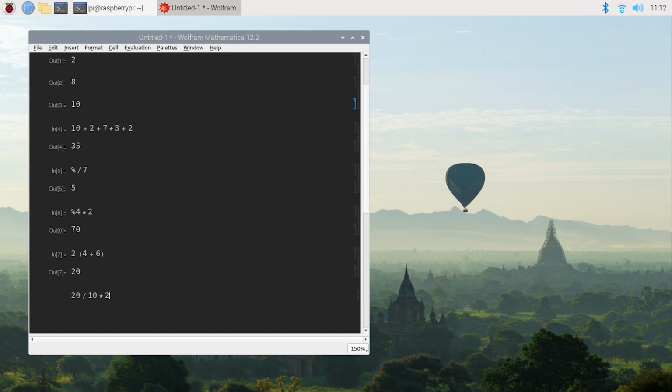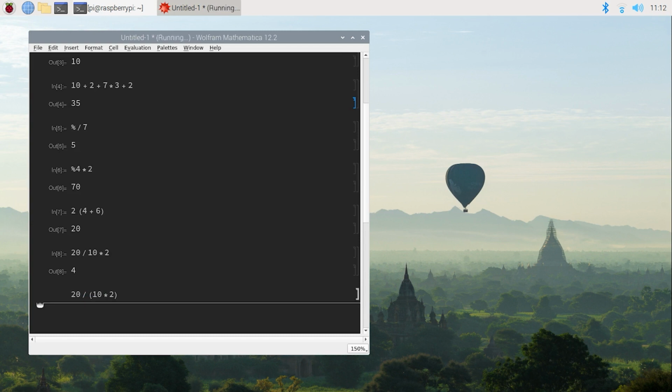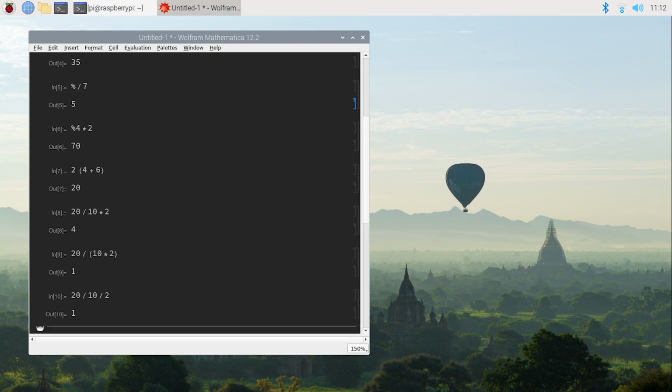What actually happens is 20 divided by 10 is 2, and then it multiplies that 2 by 2 to get 4. If we actually want 20 divided by 10 times 2, we can use brackets like this, and this should give us 1. We can also go 20 divided by 10 divided by 2, and that'll also give us 1.